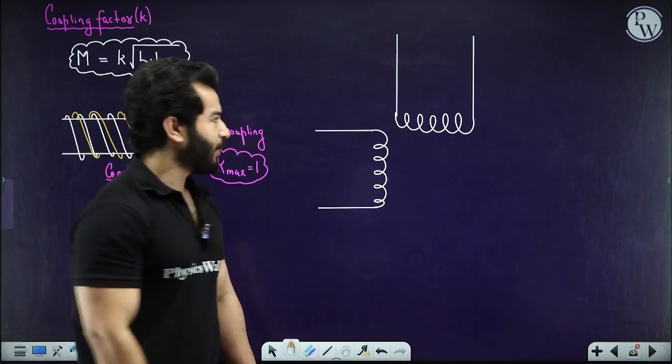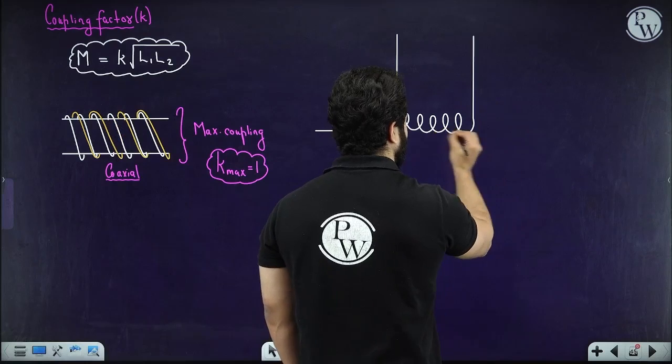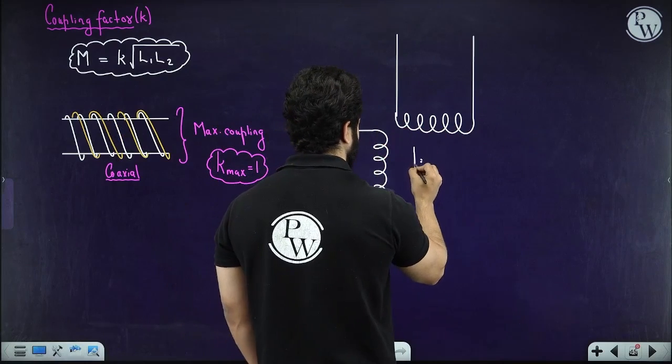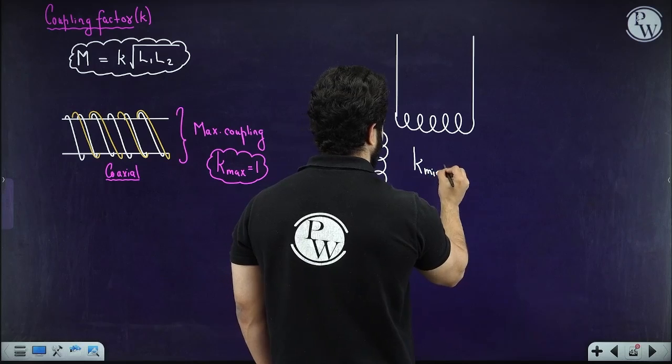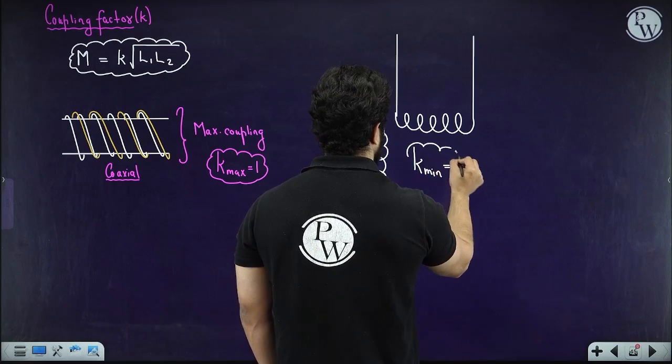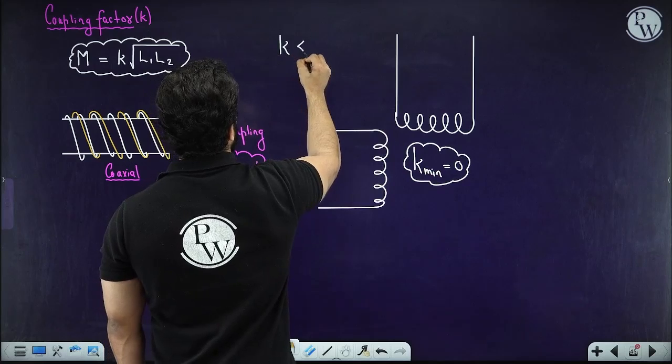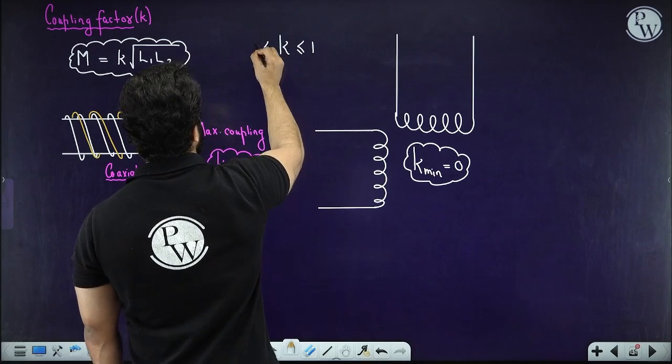Something like this, because magnetic field lines are going to be produced in this way and there will be no magnetic flux. So this is the minimum coupling, that is 0. No magnetic flux is getting linked. So generally K is between 1 and 0.